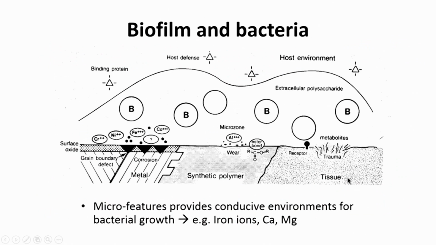Okay. So, let us talk a little more about biofilm and bacteria itself. Here is a zoomed in image of how a typical biofilm will look, and there are various aspects being shown here. As I mentioned before, biofilm is nothing but a slimy bacterial layer.